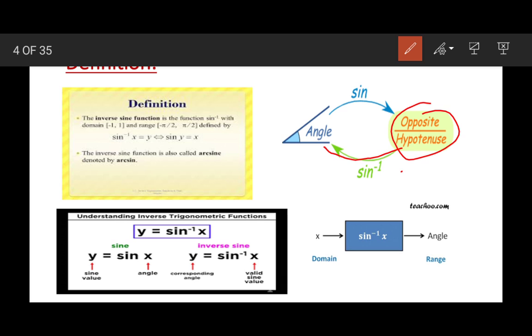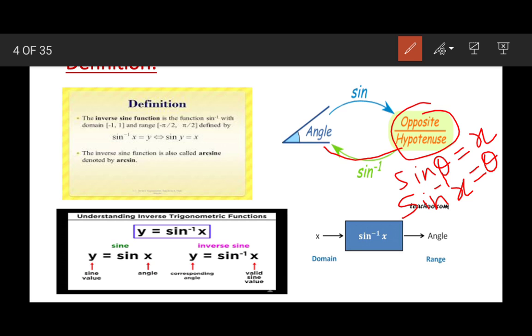So if sine theta is equal to x, then sine inverse x is equal to theta. Clear? This is the concept of inverse trigonometric ratio.